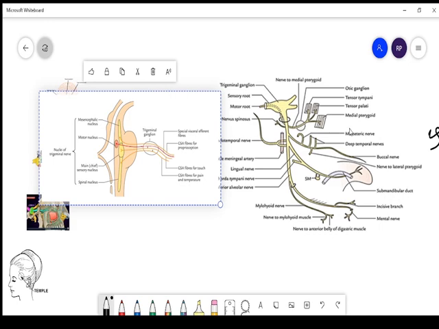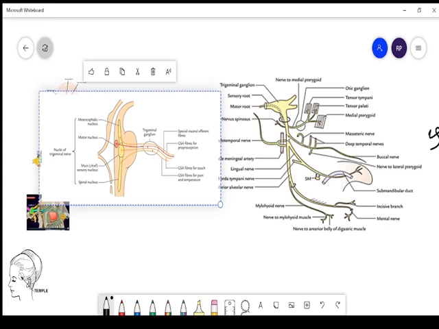It supplies the masseter muscle. This is the deep temporal nerve. It supplies the temporalis muscle. And this is the nerve to lateral pterygoid muscle. And these 3 nerves are responsible for mastication. So now the anterior division is completed.